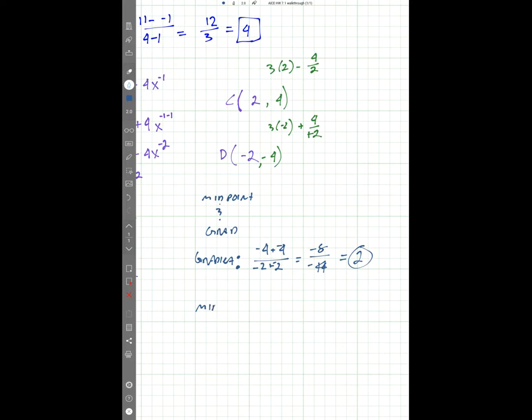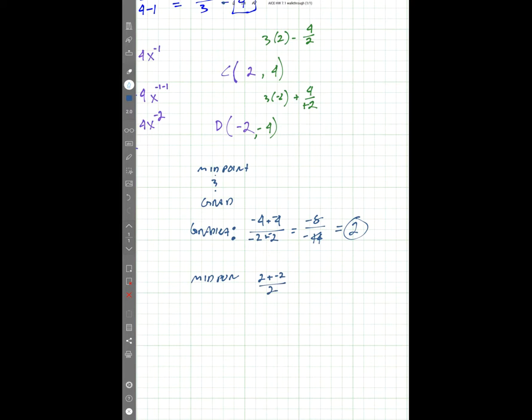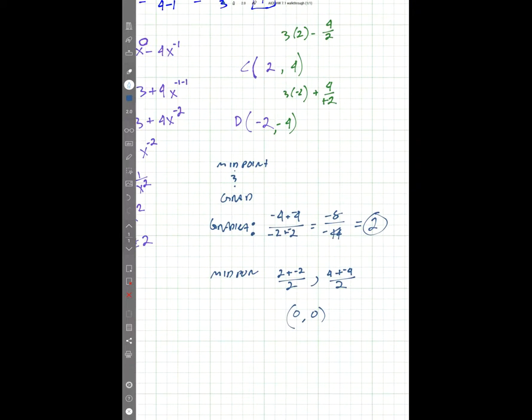And then the midpoint is going to be 0, 0. So the equation of the perpendicular bisector of CD is y equals 2x.